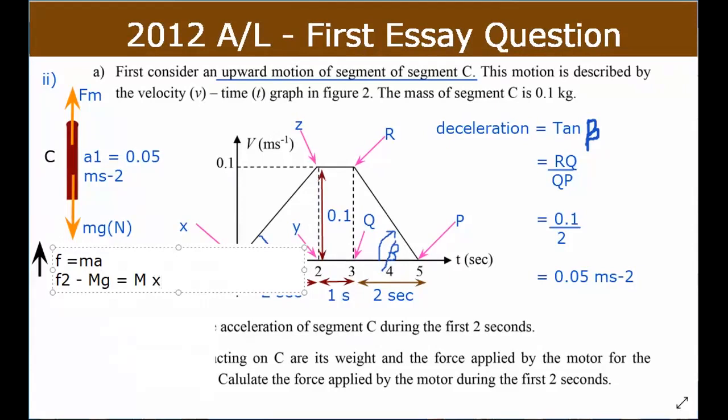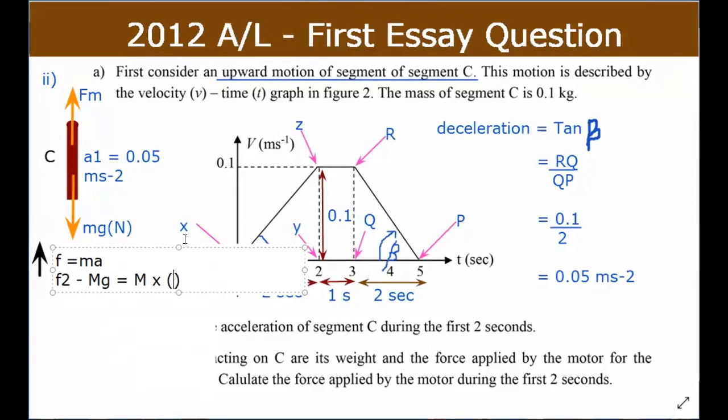What do you think about the acceleration now? Is it an acceleration or a deceleration? Deceleration. Therefore, the segment C is moving up with a deceleration of 0.05. But in F equals MA equation, A means acceleration.